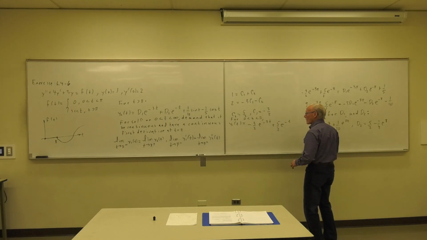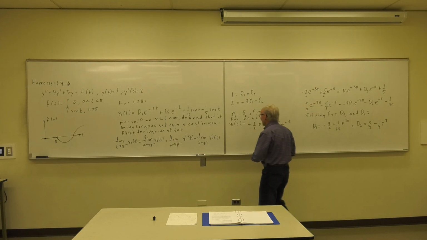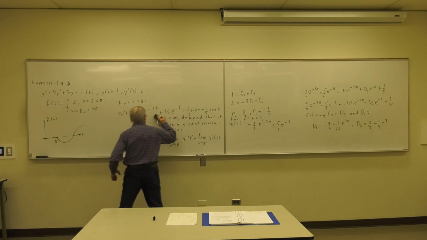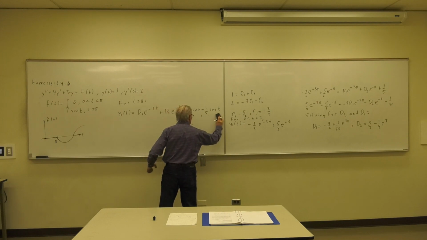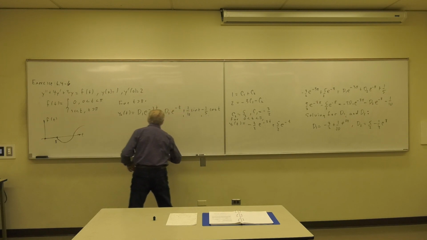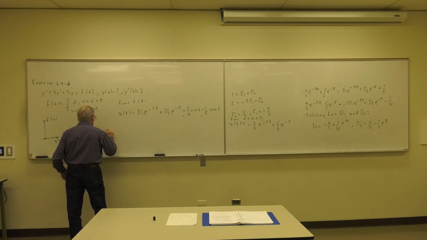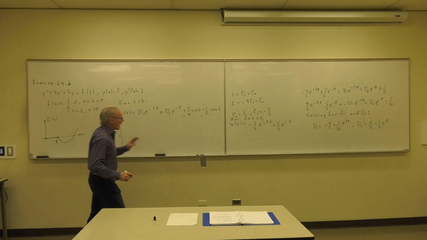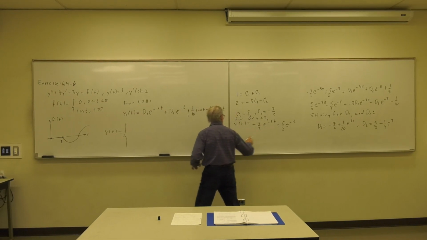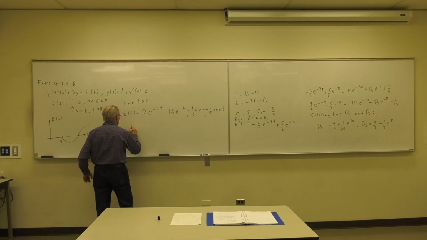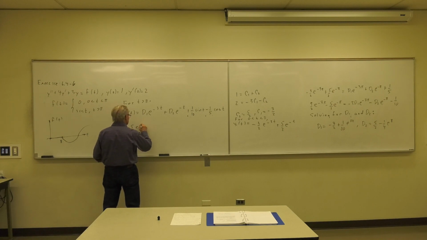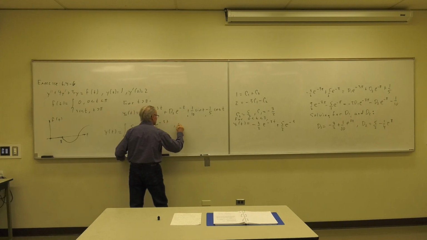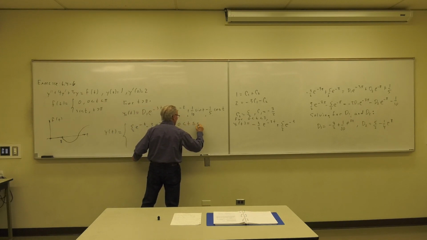So perhaps we should summarize it. Let's write down the final solution. y of t is equal to, up to pi, it was this one: 5 halves e to the minus t minus 3 halves e to the minus 3t, for 0 less than t less than or equal to pi.